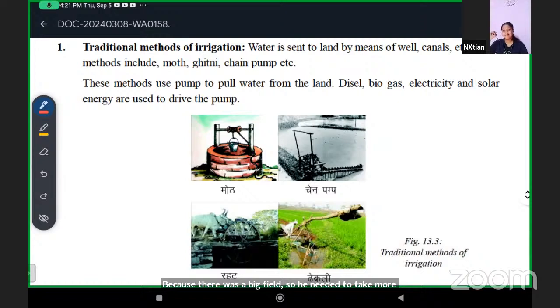So he used the shadaf to take more water. Then how many buckets are there on this wheel? One bucket, but a large one. So then how does he carry it to the crops? Is there a system for that? The crops are right next to the river.